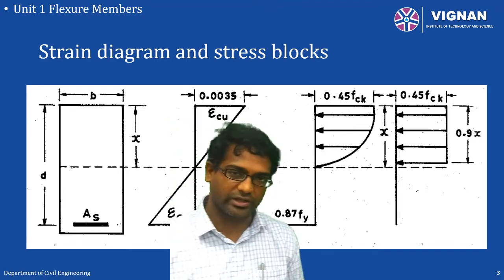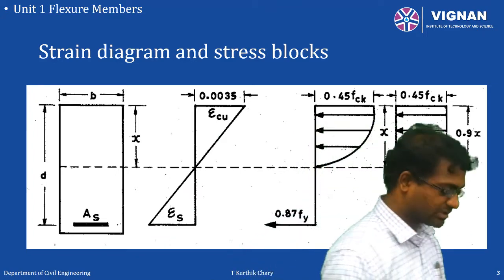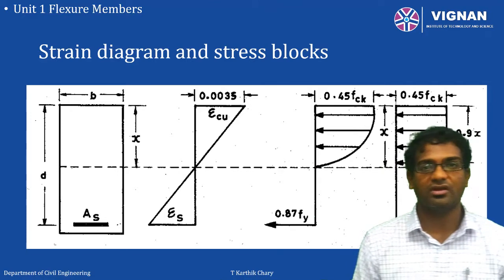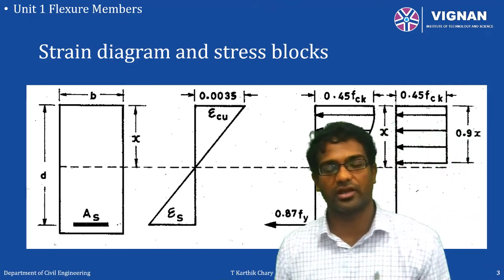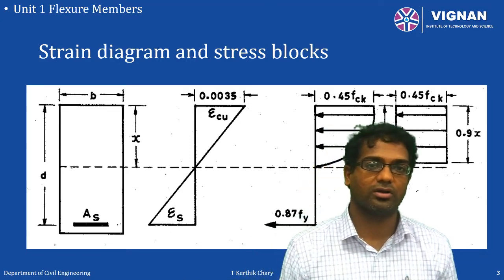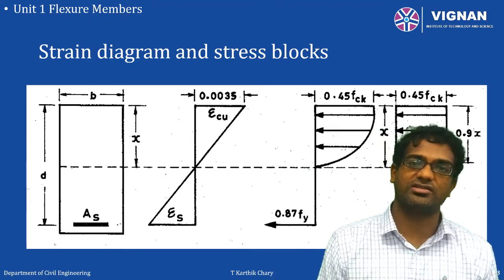So I have shown here a rectangular beam with breadth B and depth D with some amount of area of steel, and I have shown the strain diagram and the stress diagram.